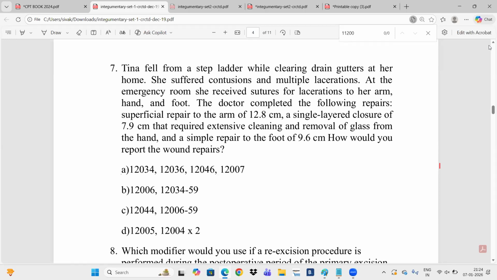First, we will use the 59 modifier, sir, because they are different procedures, simple and intermediate.